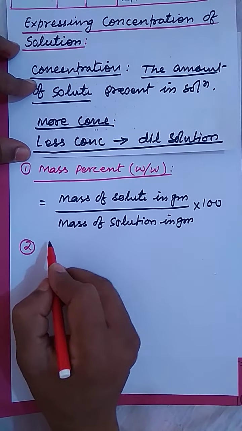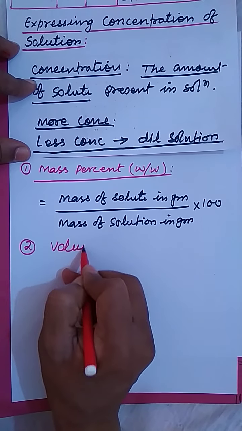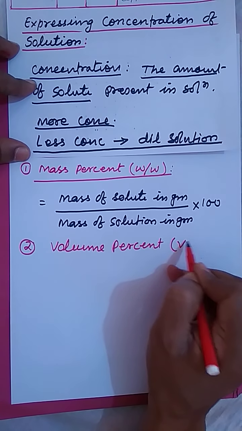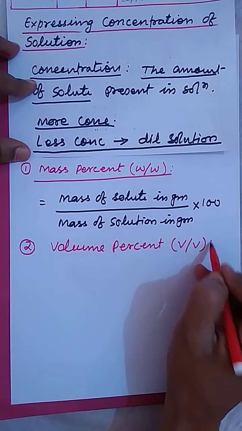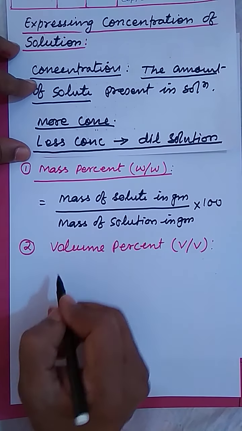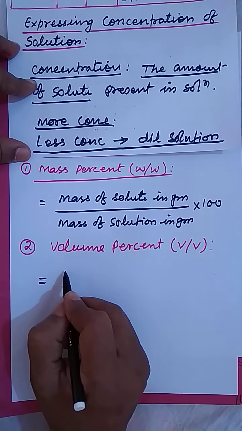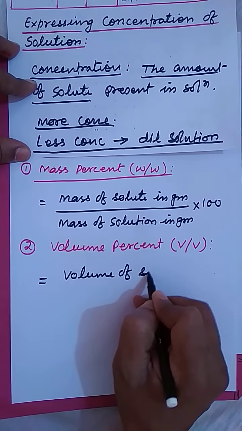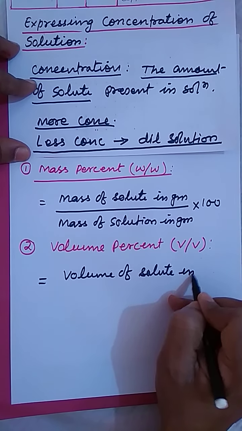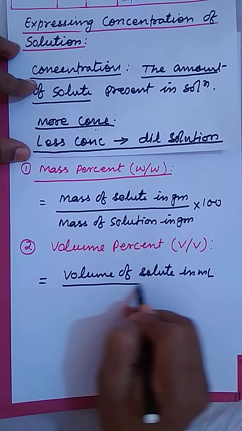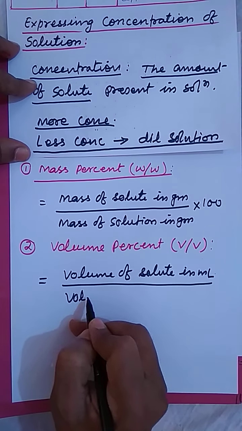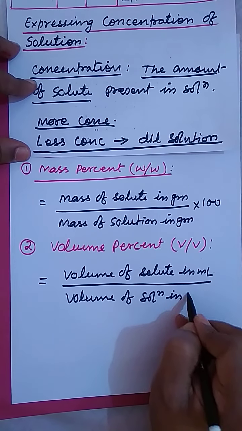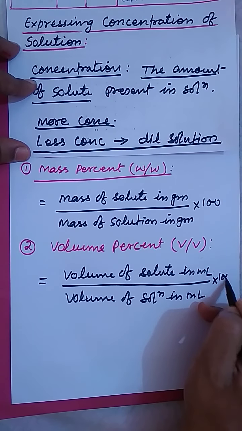And second one is volume percent, V by V. You can calculate volume percentage by using this formula, volume of solute in milliliter upon volume of solution in milliliter multiply by 100.